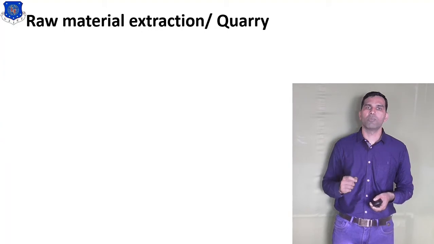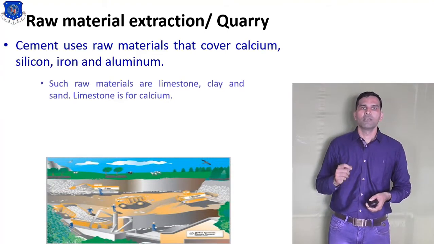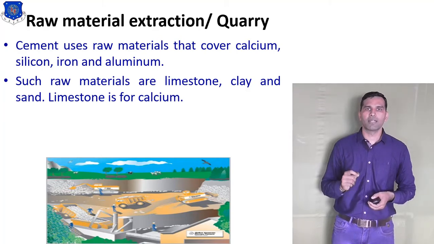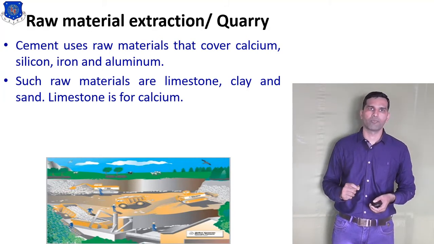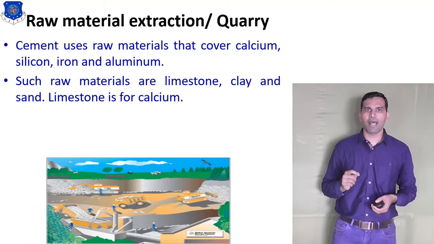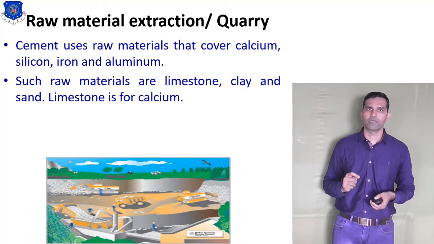First is raw material extraction. Cement uses raw materials that contain calcium, silicon, iron and aluminum. Such raw materials are limestone, clay and sand.